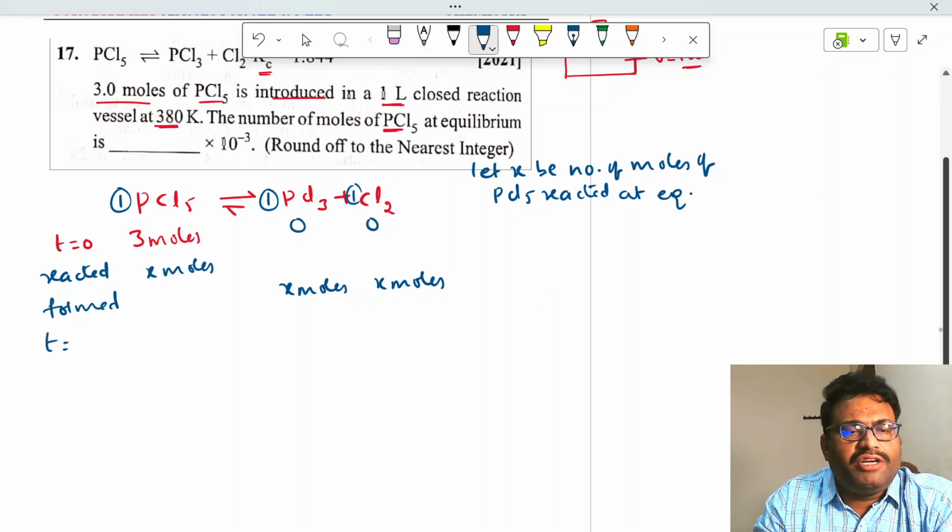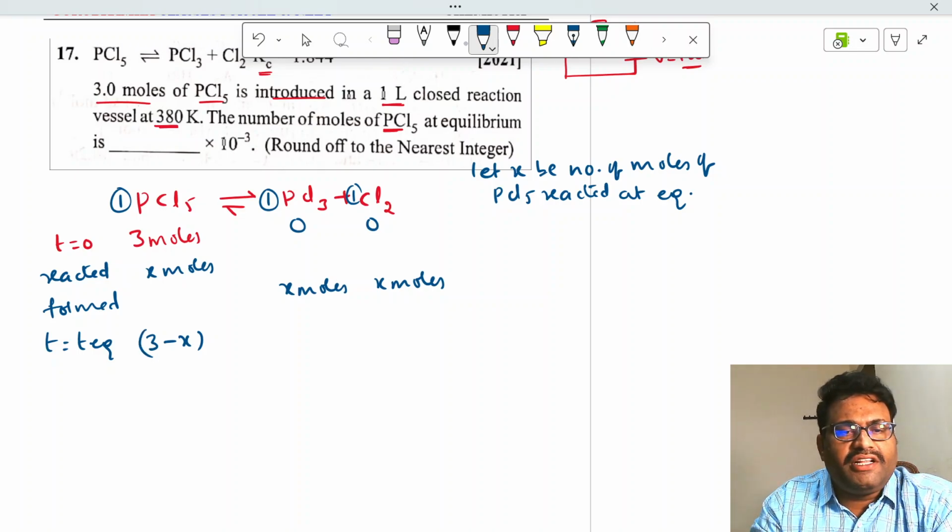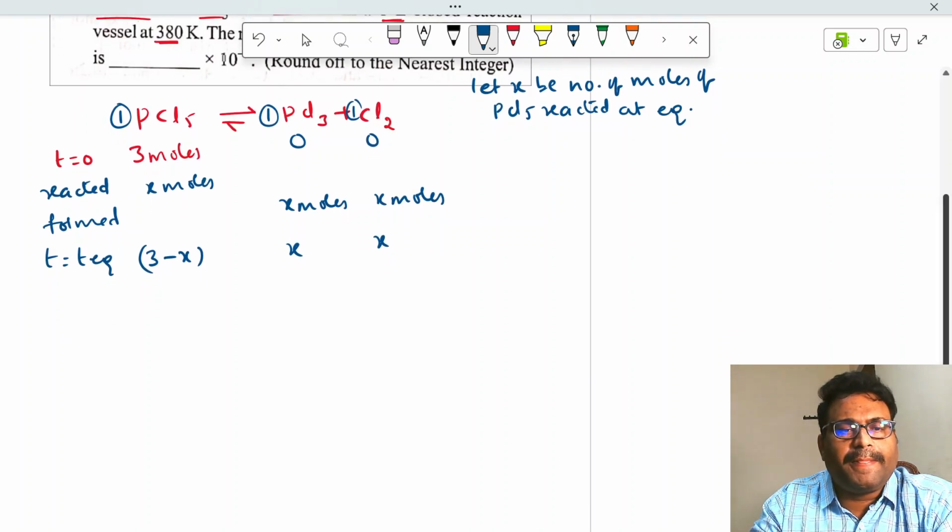So at equilibrium, what will be the number of moles of PCl5, PCl3 and Cl2? Initially there are 3 moles. X moles were reacted, so the number of moles of PCl5 remaining at equilibrium is 3 minus X. PCl3 is X moles and Cl2 is also X moles, and everything is happening in a 1 liter container.